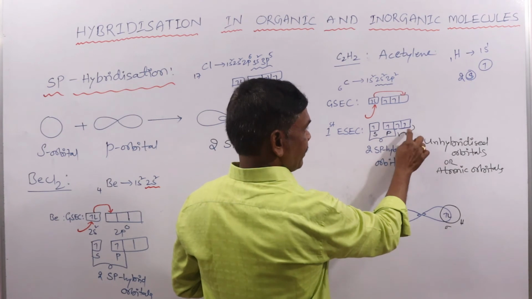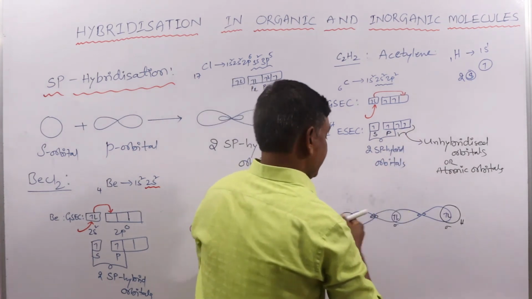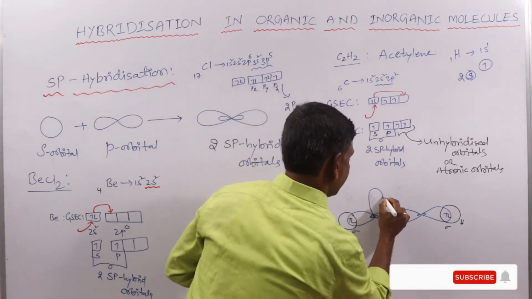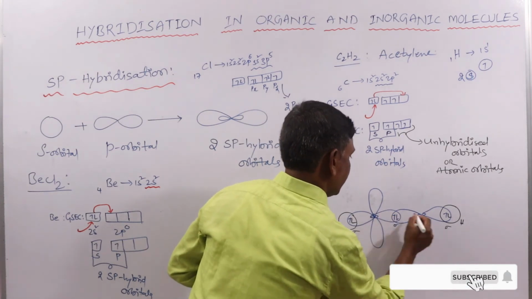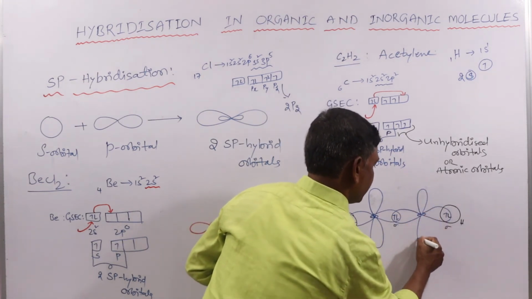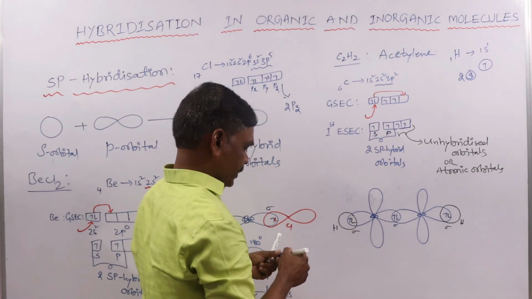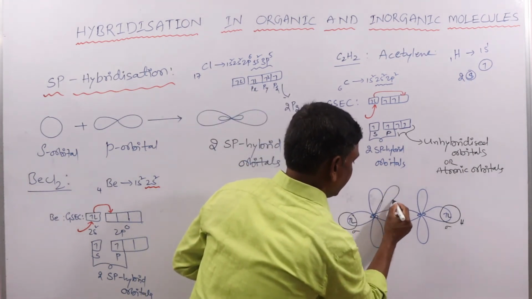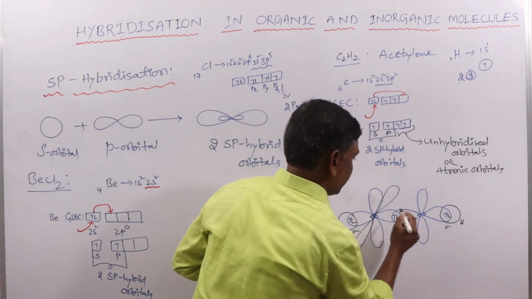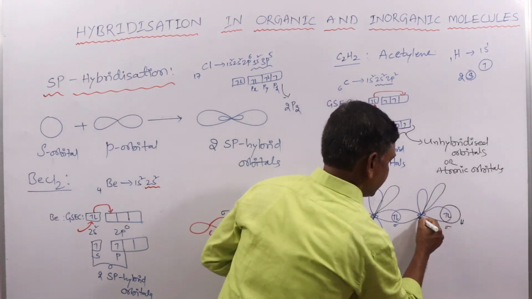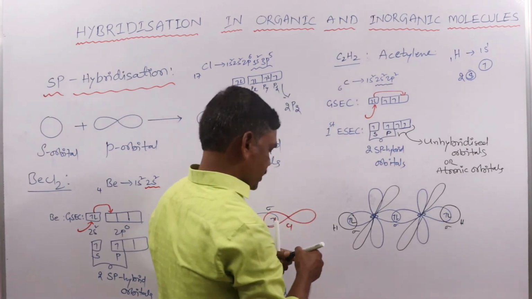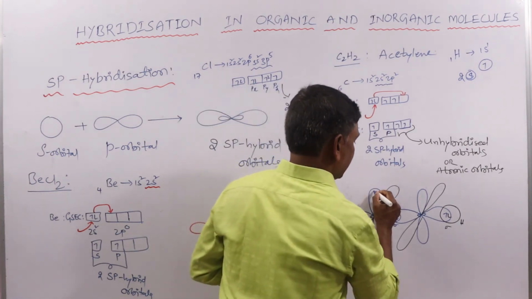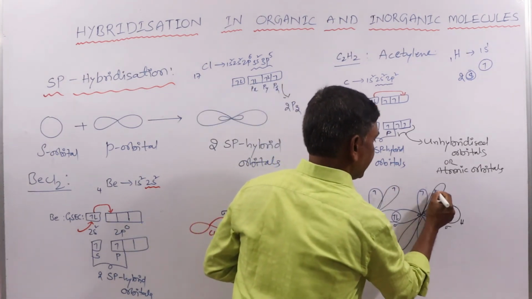So now here it is a p orbital, that is px and py. First one I am writing, that is first p orbital. Okay, here first p orbital of second carbon atom. Right? So now second p orbital. So these orbitals also having each one electron.